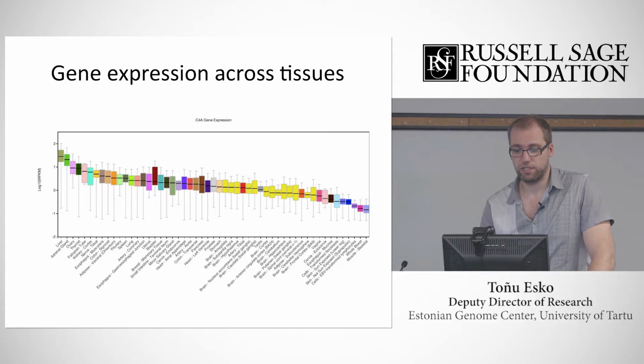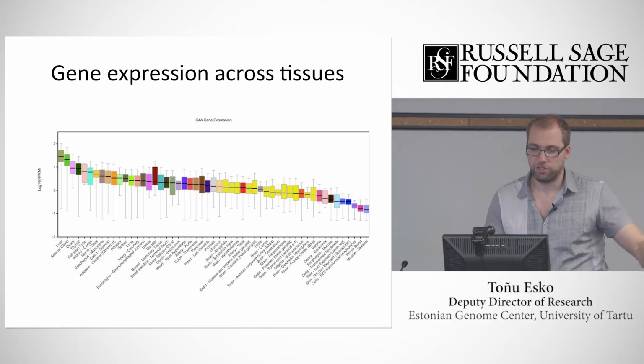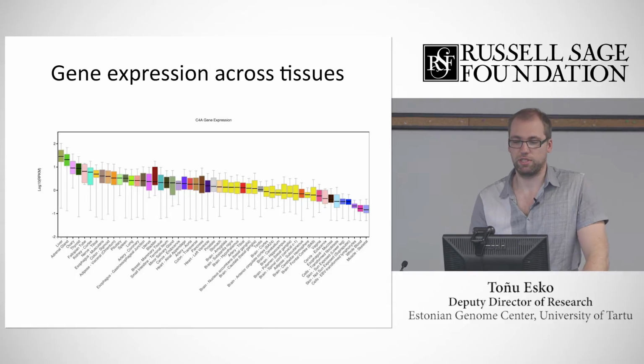And there you can see, and here we have a log scale, that the gene expression in muscles is like 100 times less than in the liver. And this is just in adulthood, but in the different developmental stages, the gene expression pattern across different tissues is completely different.